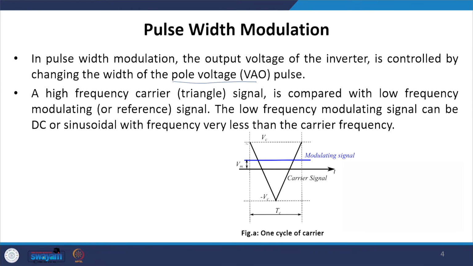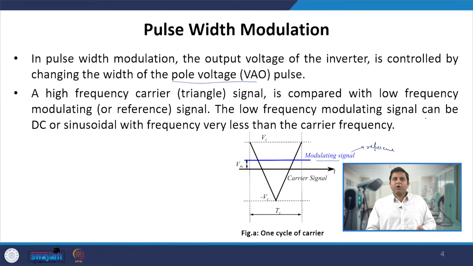Now, this high frequency carrier is compared with a low frequency modulating signal. The modulating signal is sometimes also called a reference signal. The low frequency modulating signal could be DC, where the frequency equals 0, or a sinusoid with frequency much less than the carrier frequency, as we have seen in the boost PFC, where the switching frequency was much larger than the line frequency.